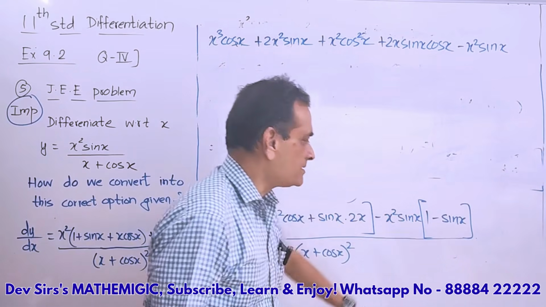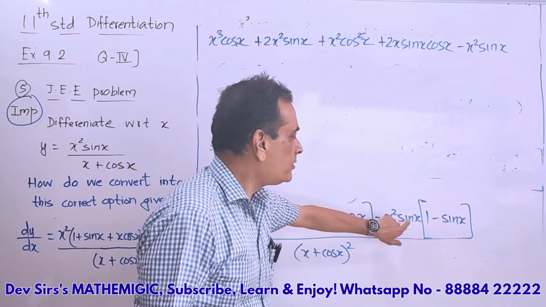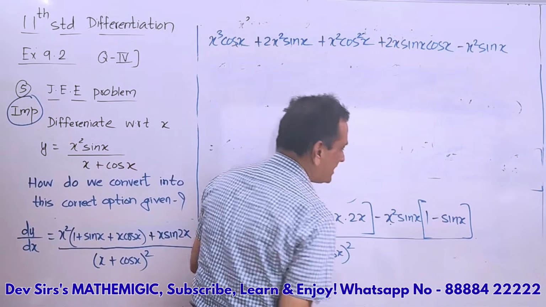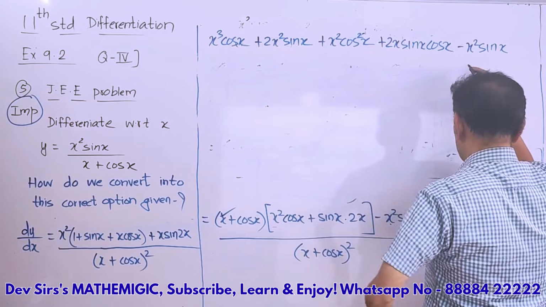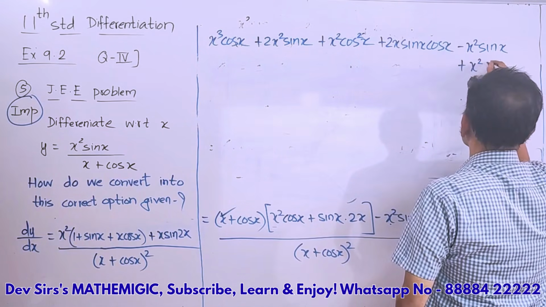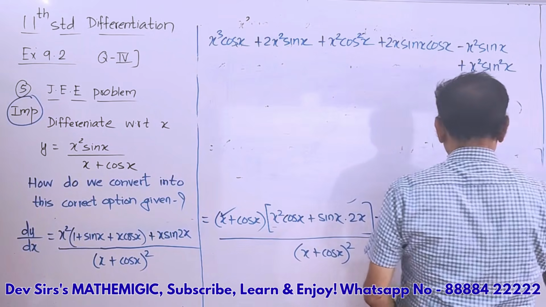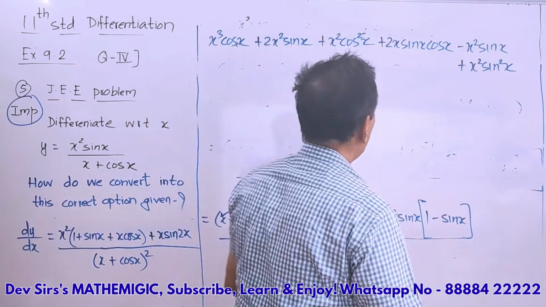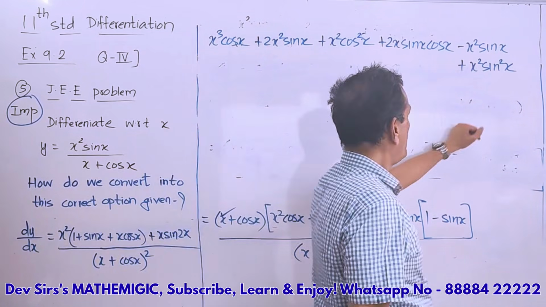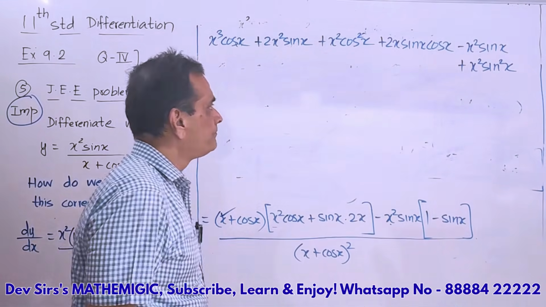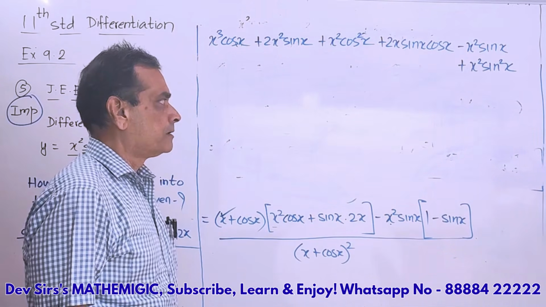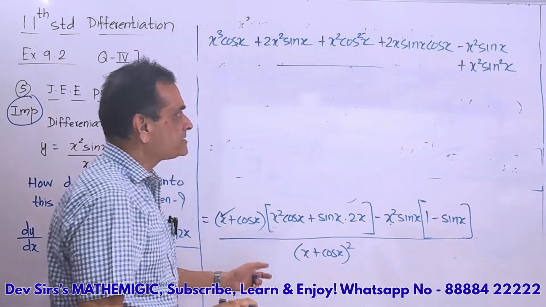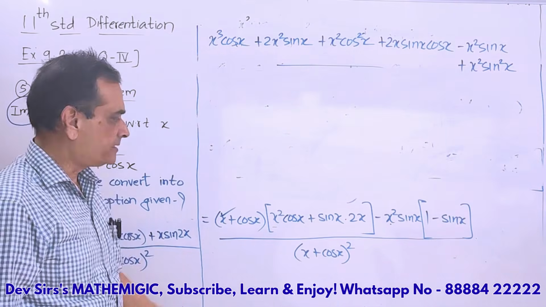Minus into minus plus, x squared sin x into sin x is x squared sin squared x. Don't cancel this. यहाँ पे sin x है, यहाँ पे sin squared x है. Clear?